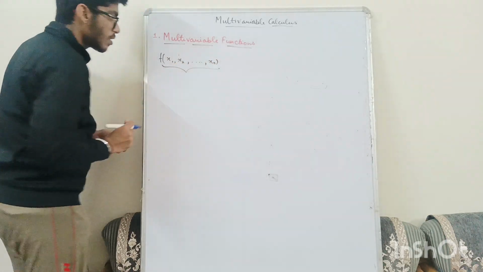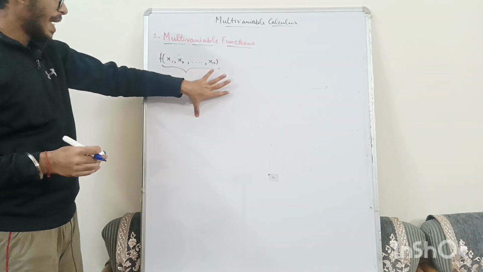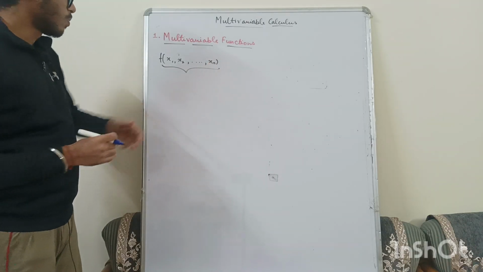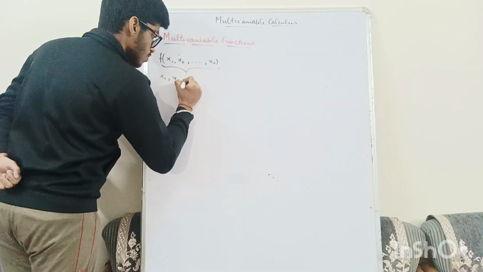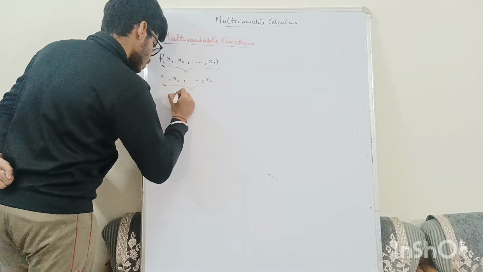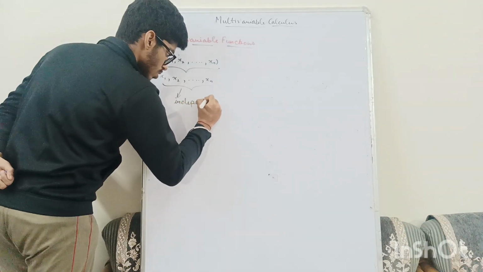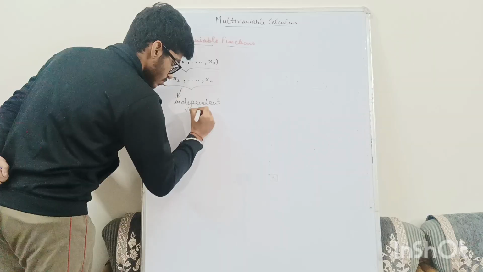So this is a general representation of a multivariable function of n variables, a function that is dependent on n independent variables, where x1, x2 and xn, these all are independent variables, right?